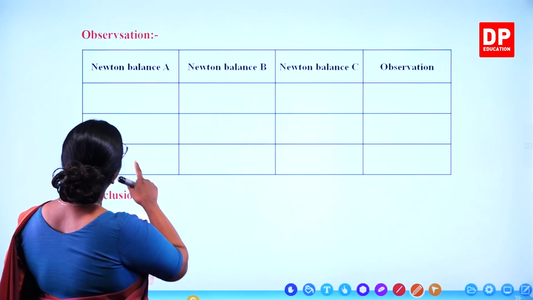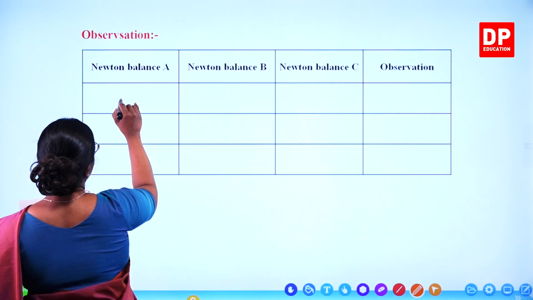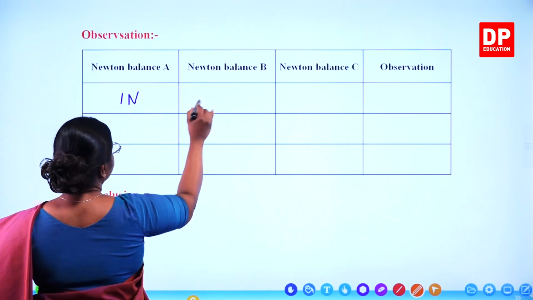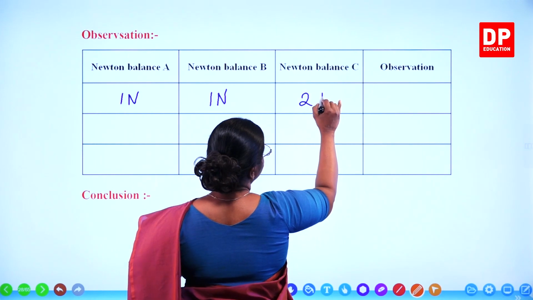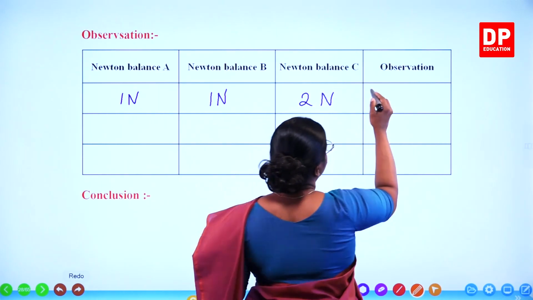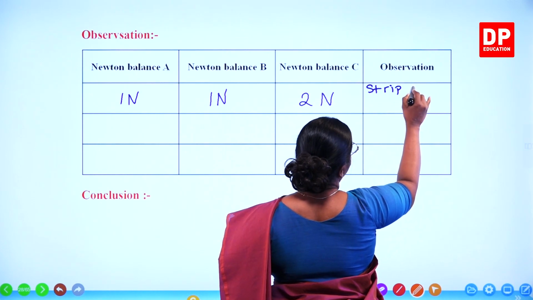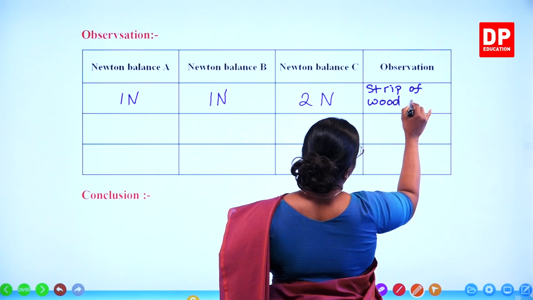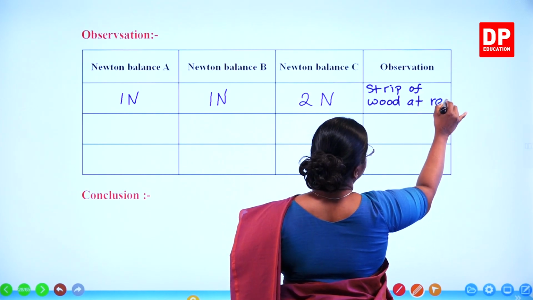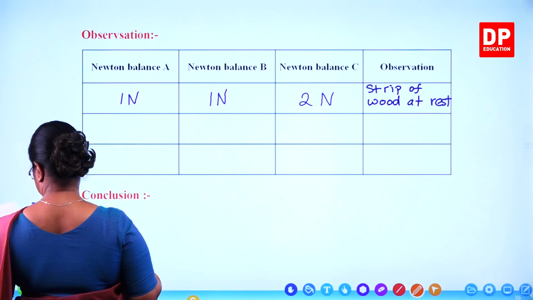So if I write down the observations here: Newton balance A, 1 Newton, Newton balance B, 1 Newton, Newton balance C, 2 Newton. Here, strip of wood at rest. Then what happened in the second instance?